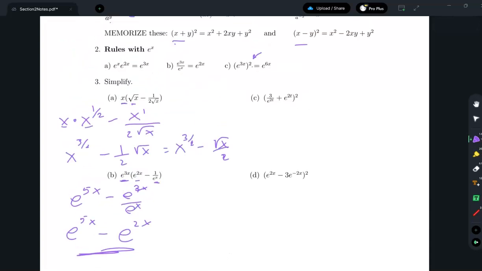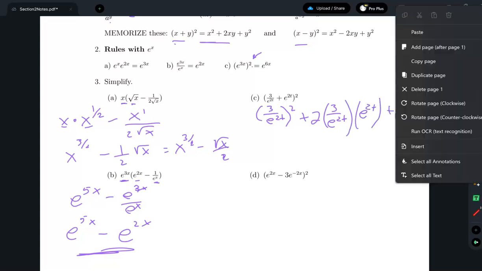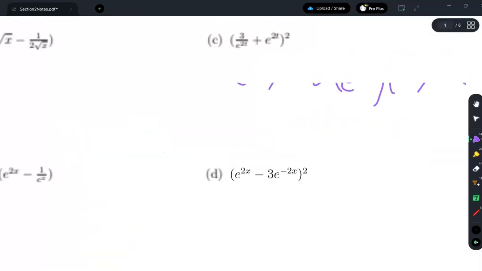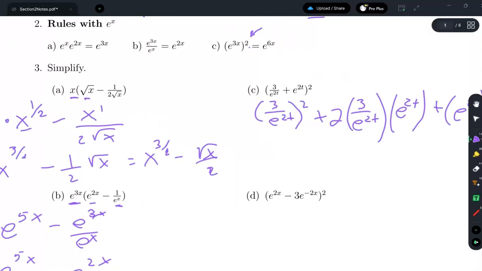This one here, we're going to use that special product. So I'm just going to go slow. 3 over e to the 2t squared plus 2 times 3 over e to the 2t, e to the 2t, and then plus e to the 2t squared. So you know you're going to square each of these terms. So I get 9.